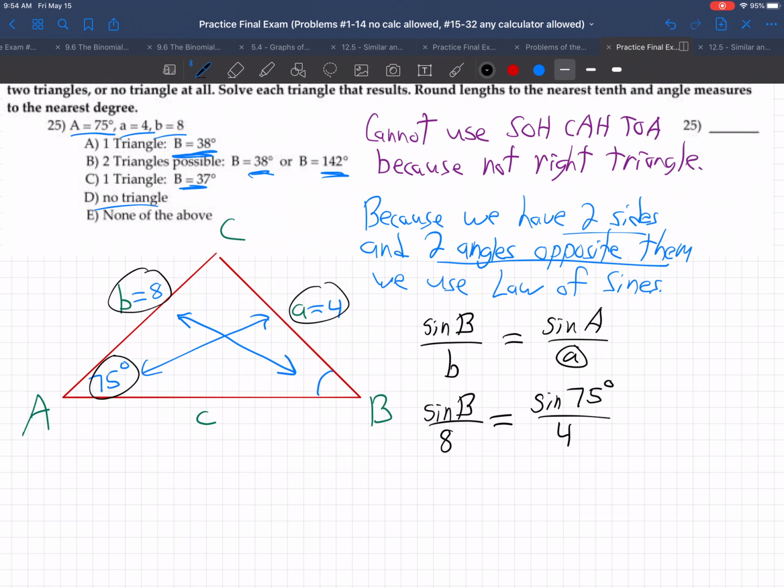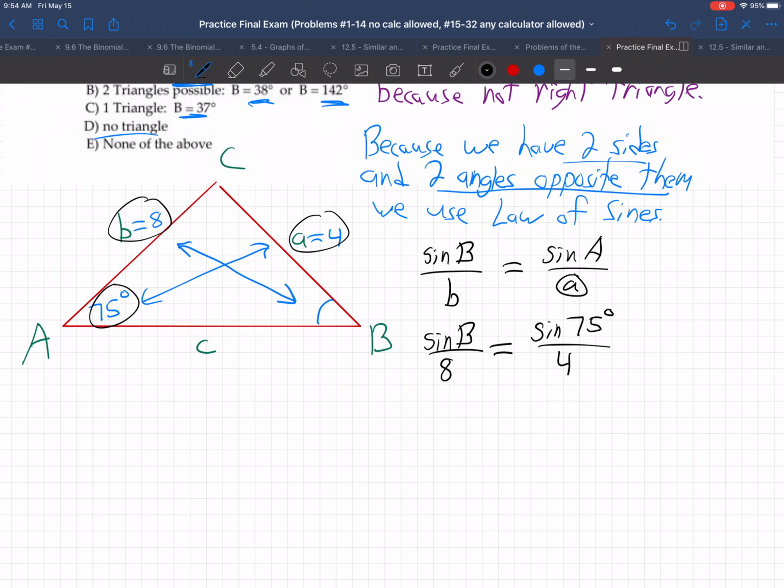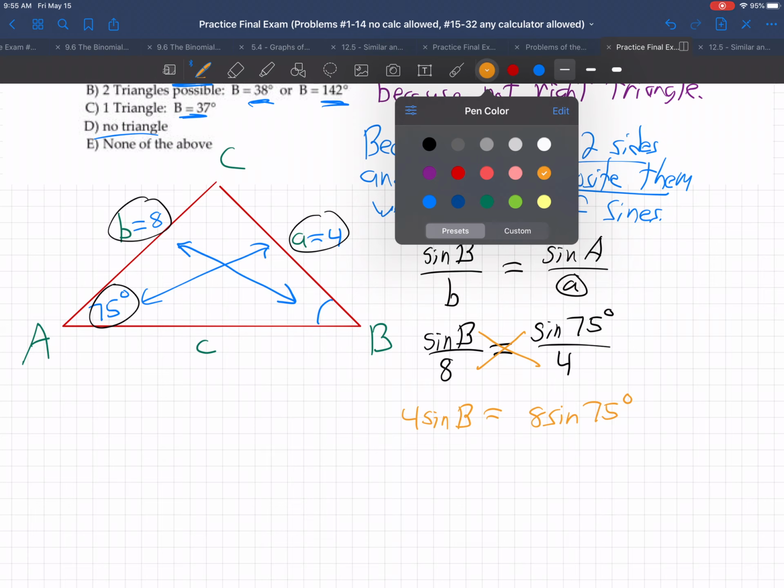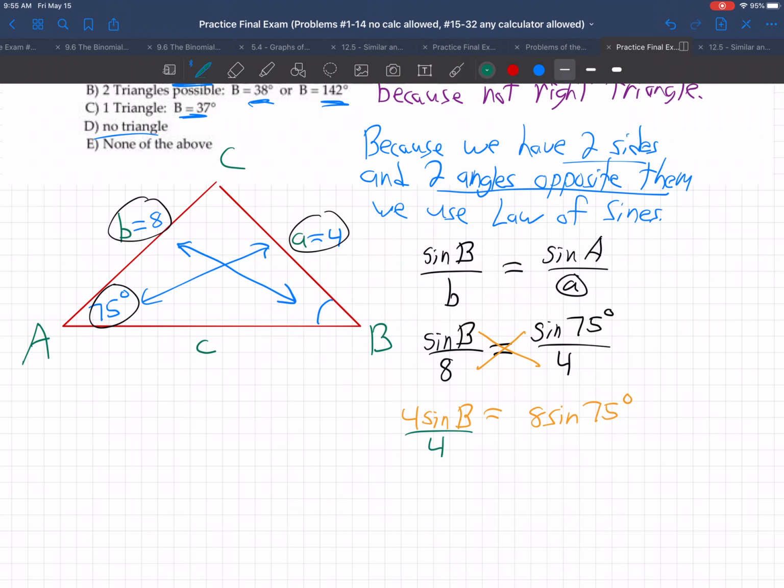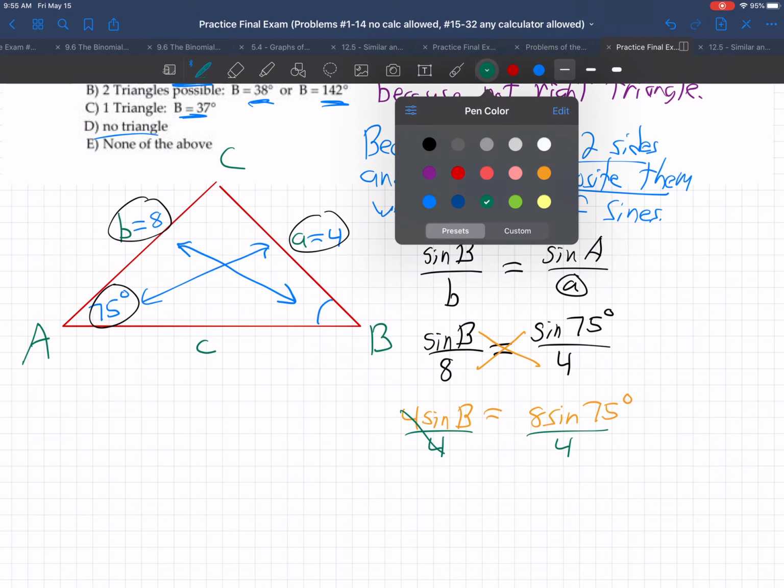Now I can solve by cross multiplying: 4 sine B is 8 sine 75. Next step, to solve for B, divide by the 4.